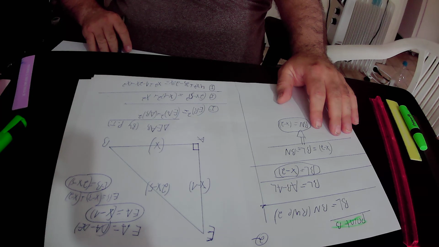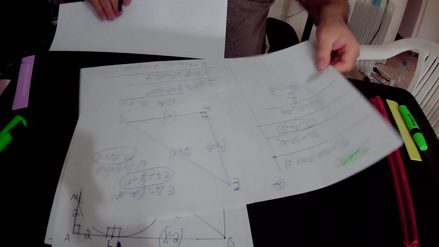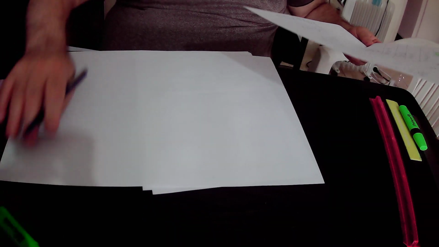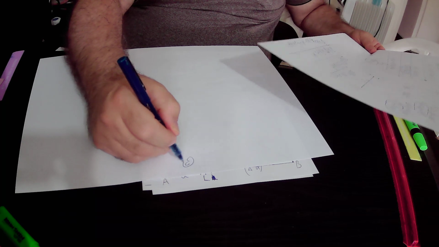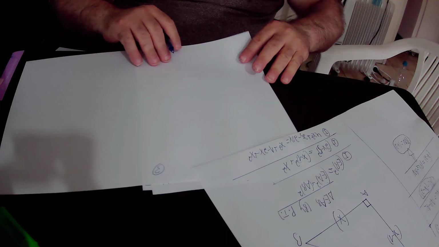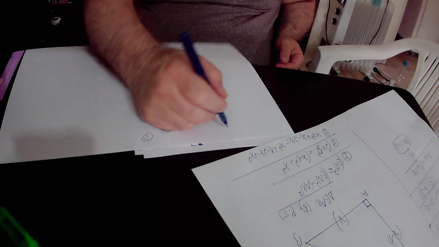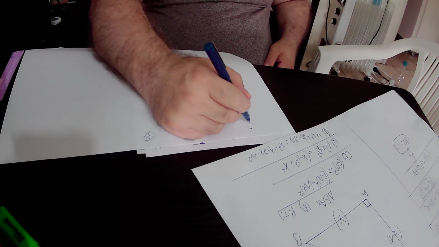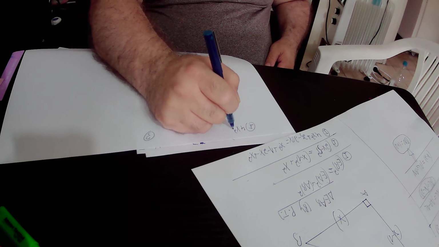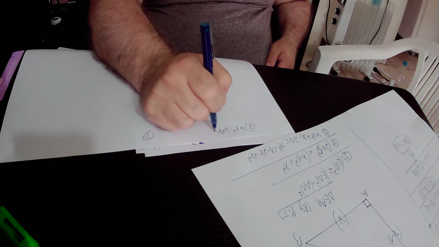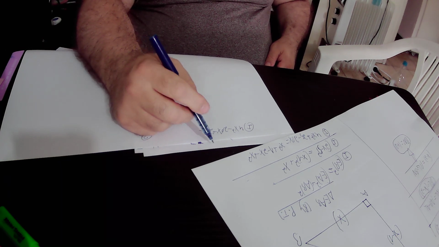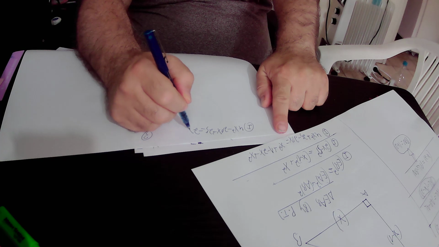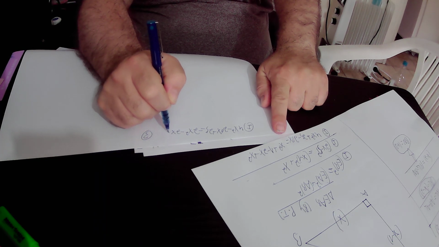So according to equation number 1, we get that 4x squared minus 20x plus 25 equals x squared plus x squared is 2x squared minus 2x plus 1.